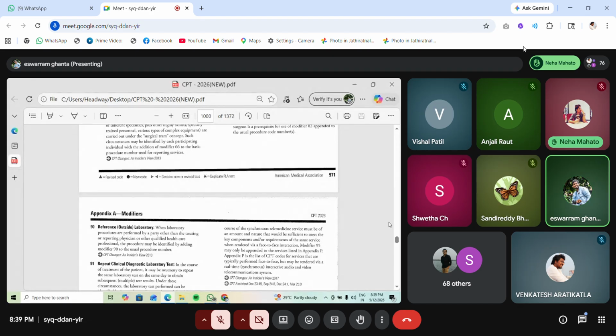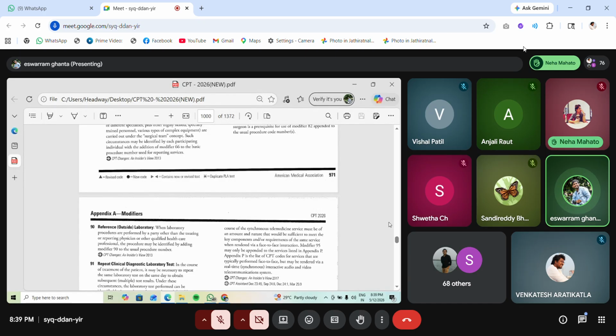Sometimes due to fluctuation of blood pressure or sugar levels, patient stress or mental behavior of the patient, or several other reasons, the procedure is cancelled. In that scenario, we can use the 73 modifier, for before anesthesia only.